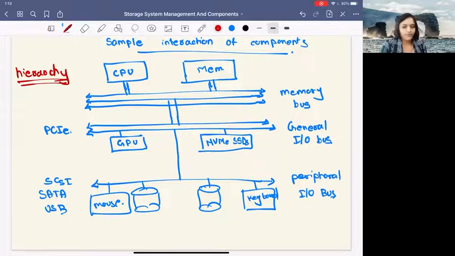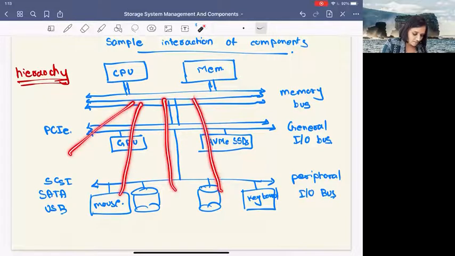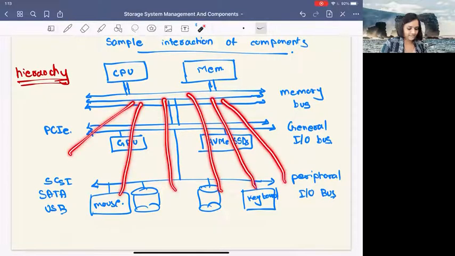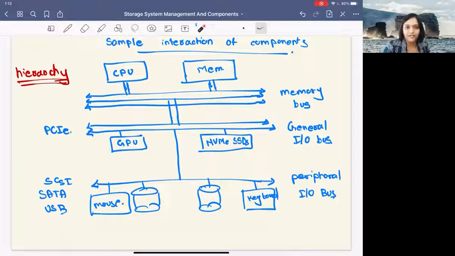Now, one of you could ask a question or could be wondering in your mind that rather than having all these components in this hierarchy, let's place them all together. Like let's place them all directly to this one bus. Why do we need hierarchy at all, right?